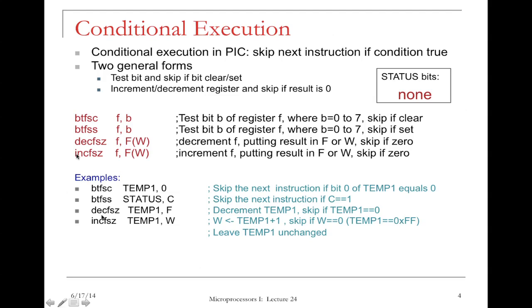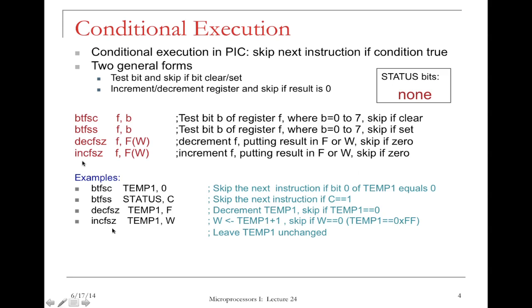Okay, next instruction, decrement FSZ temp1, F. We're going to decrement temp1, and we're going to skip the next instruction if temp1 is a 0. Okay, this F here means the decrementation will update temp1. The last example, increment FSZ.